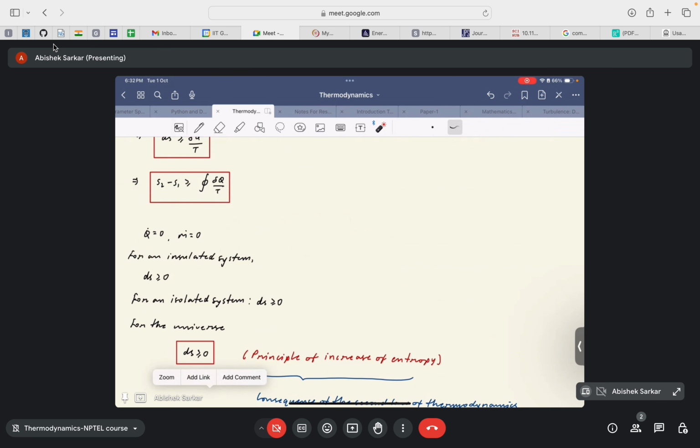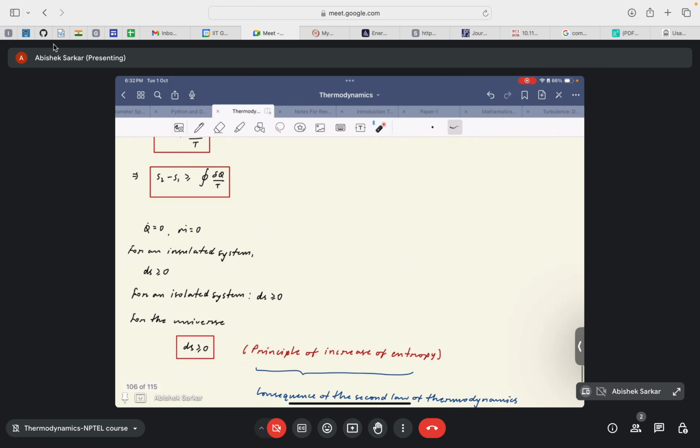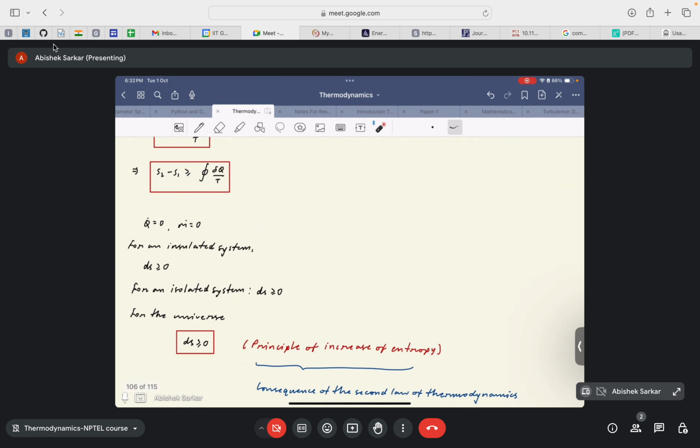And if we consider the net heat and work interactions and even the mass transfer equal to 0, which basically implies an isolated system, then for an isolated system we will have that delta S or ds is greater than or equal to 0. And our universe can be considered as an isolated system.